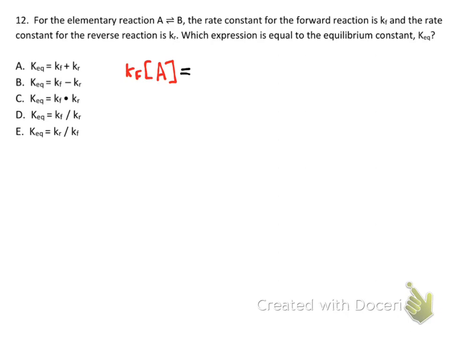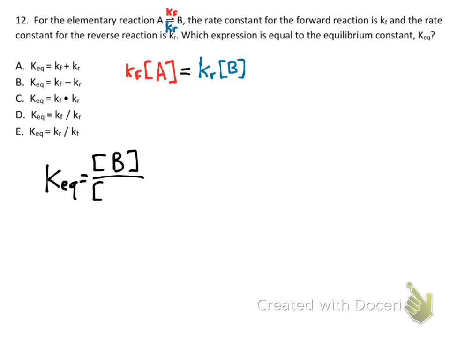So this is our forward reaction. Again, the forward reaction has a rate constant K sub F, and the reverse reaction has a rate constant K sub R. Okay, so K sub R times the concentration of products. Remember, an equilibrium constant is equal to the concentration of products over reactants. So we want to rearrange this expression in order to match that.